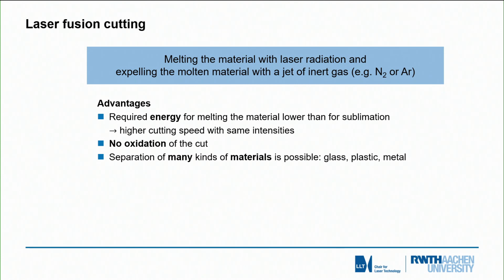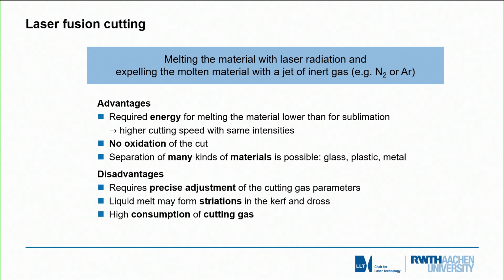course all metals. The disadvantages are that we have requirements for rather precise adjustment of all the process parameters. It has been shown over the decades of application that this is one of the most demanding parameters for long-term operation and application.